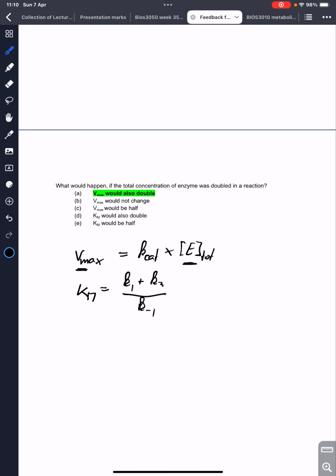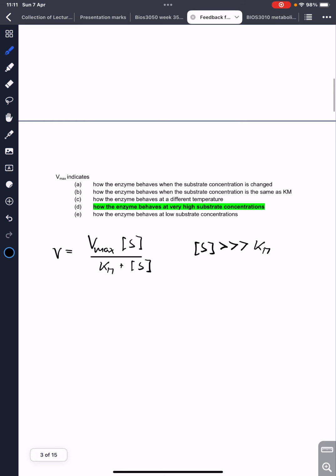And there is no enzyme concentration given in this Km. So that means that Km does not change. The only thing that changes is Vmax, and it goes in the same direction as the total enzyme concentration. So if we double the enzyme concentration, Vmax would double. And that's very important to understand.